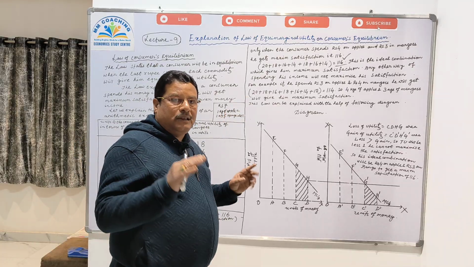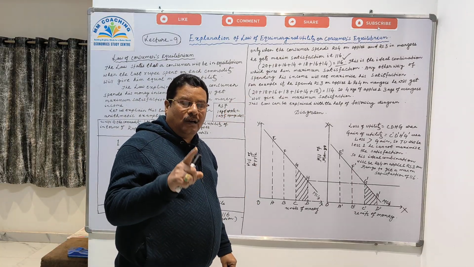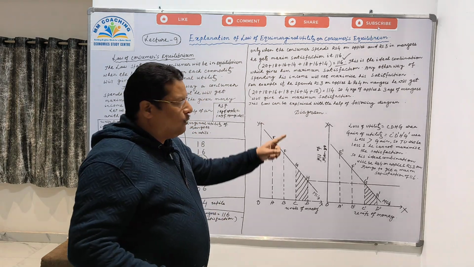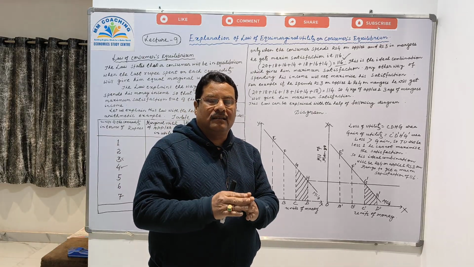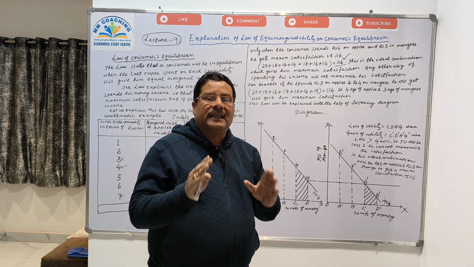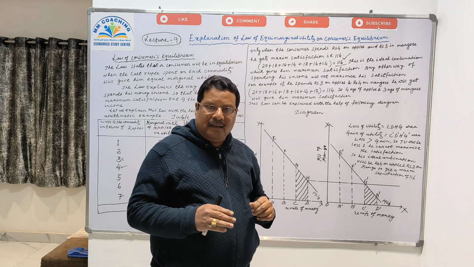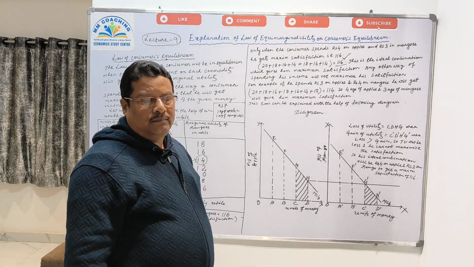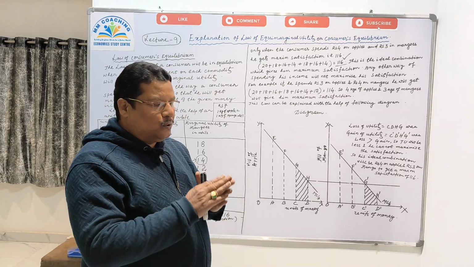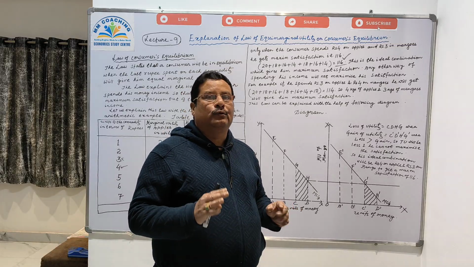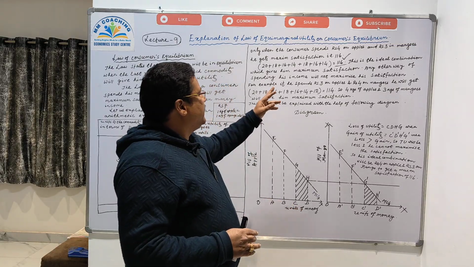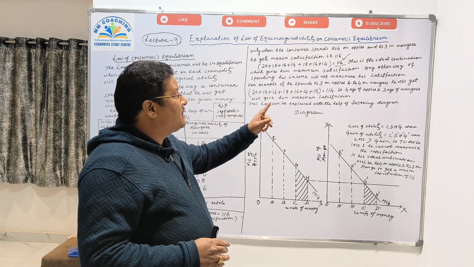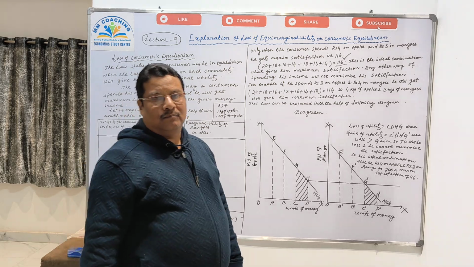So, when he spends rupees 4 on apples and rupees 3 on mangoes, he will get maximum satisfaction. Are you clear? Any other way of spending his income, अगर वो दूसरा कोई सा भी कॉम्बिनेशन अगर चूज करेगा, he will not be able to maximize his satisfaction.